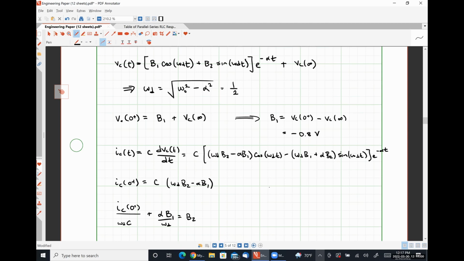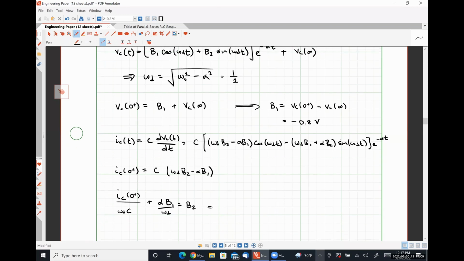I get B2 equal, if my stylus will write. Good. But by all means, use a calculator and verify that correctly. So 0.4 over 1/2 plus negative 0.4 over 1/2 seems like it should equal 0.